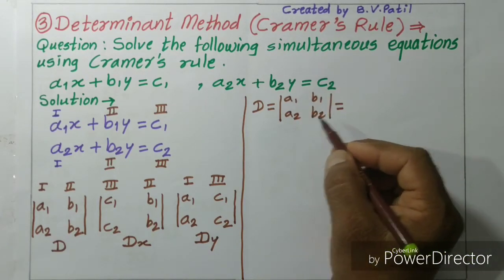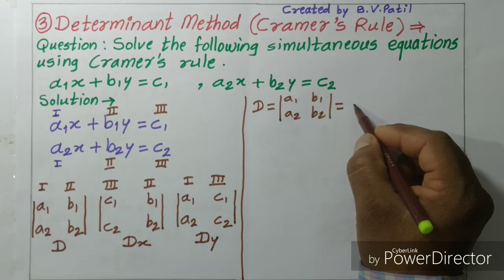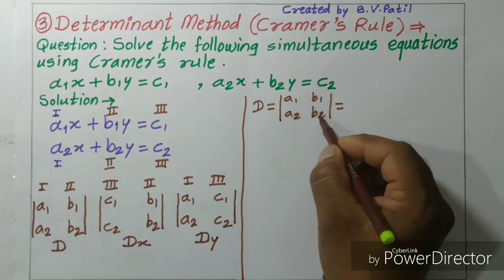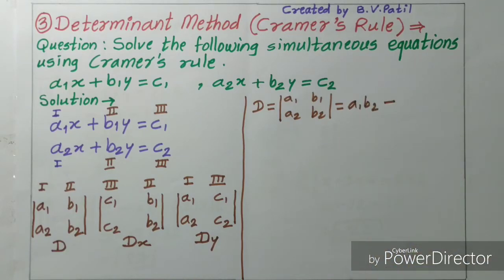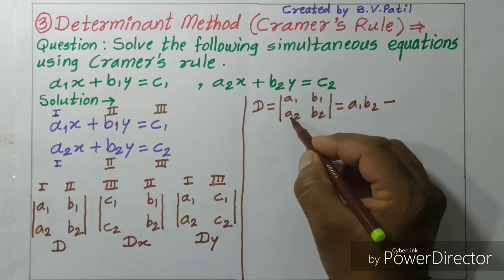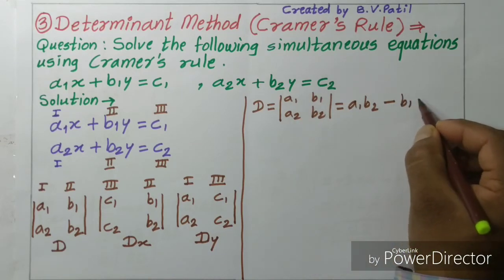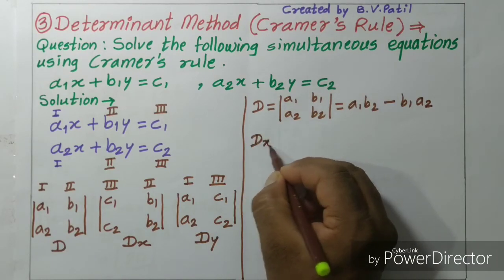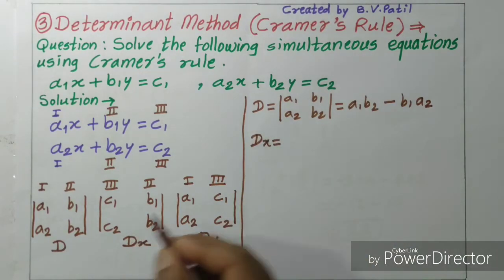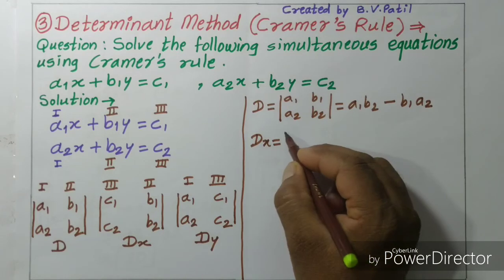Then what is the multiplication? A1 into B2, A1 B2, minus, which is the multiplication? B1 into A2. Then dx is equal to this determinant we write here.